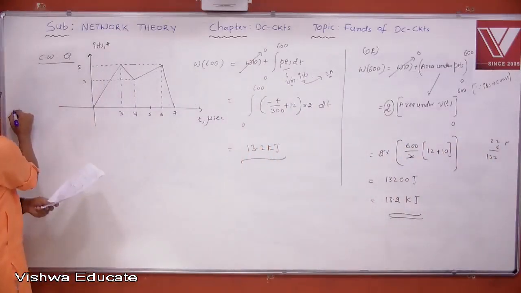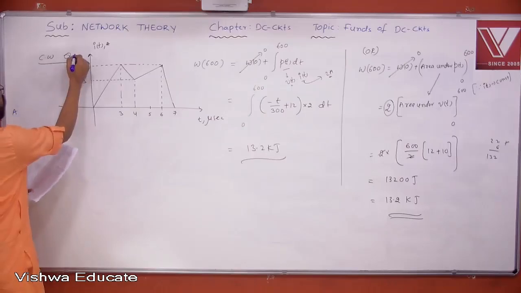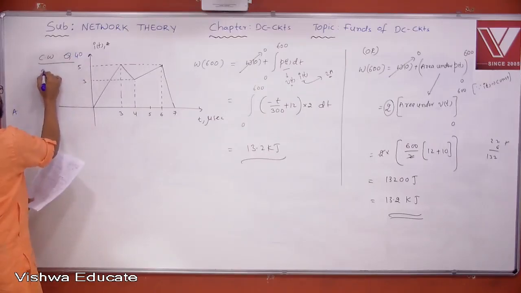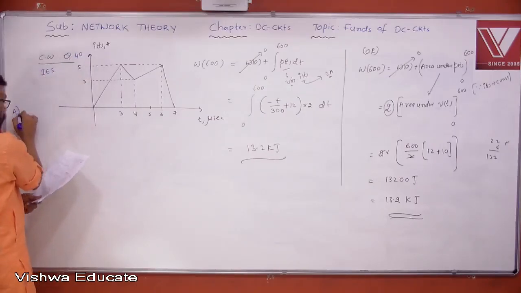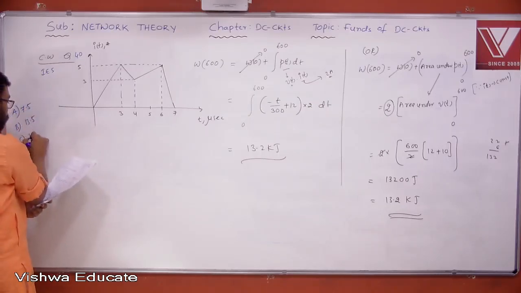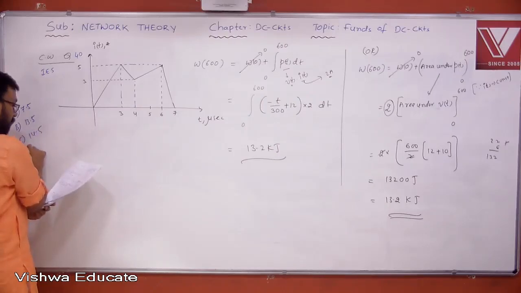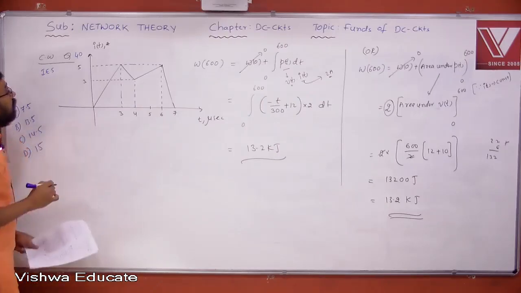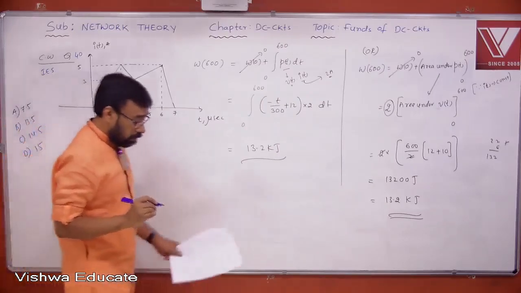Some options are given here. This is the 40th question and this was asked in IES. Option A is 7.5, B is 13.5, C is 14.5 and D is 15. The charge in microcoulomb is asked.